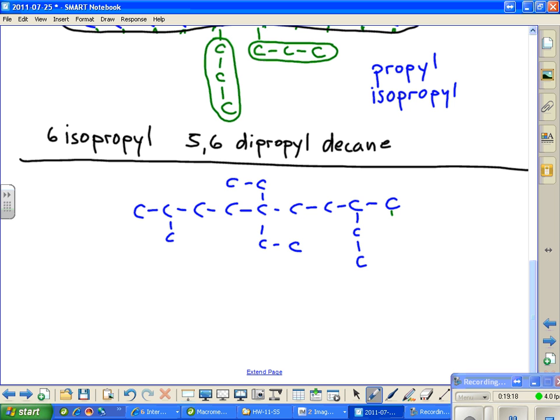That's obviously not the longest chain. So let's take another chain. Let's start right here. 1, 2, 3 to get to what looks like the main chain. Then I'm going to go to the right. 4, 5, 6, 7, 8. Well, that's not longer. I could do the same thing on the ethyl group that is down below that guy, and I would get the same result.